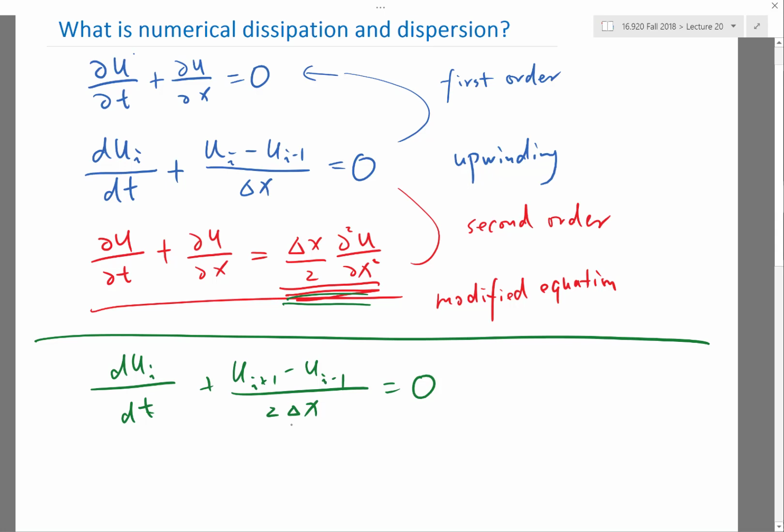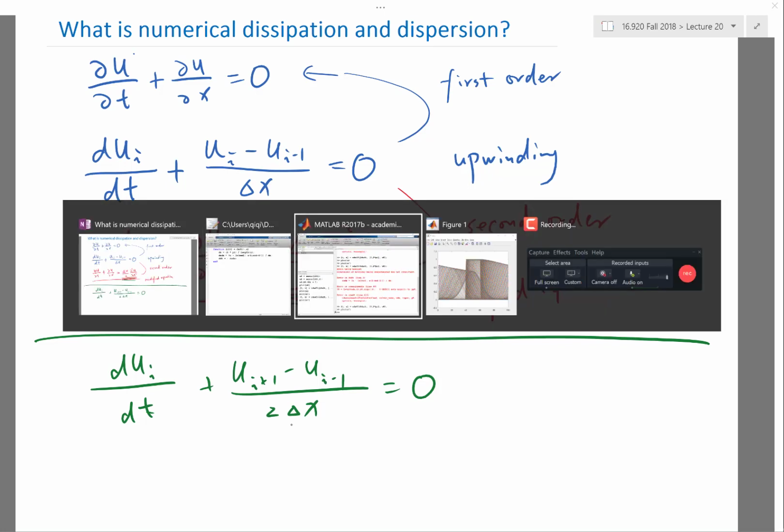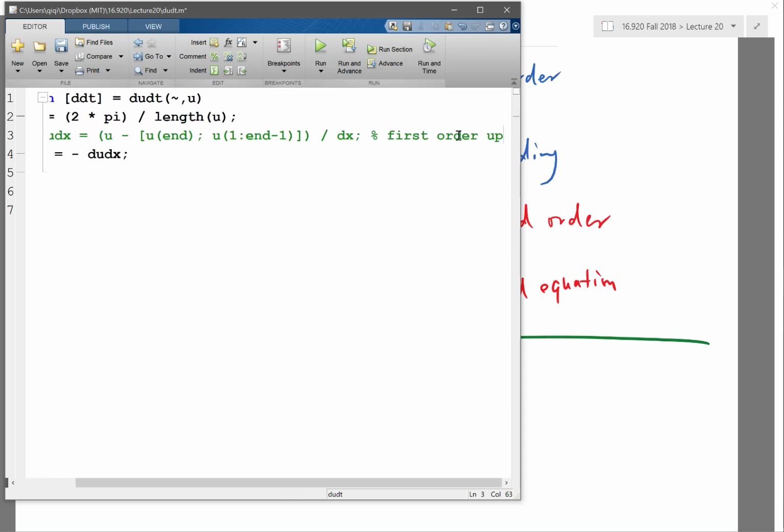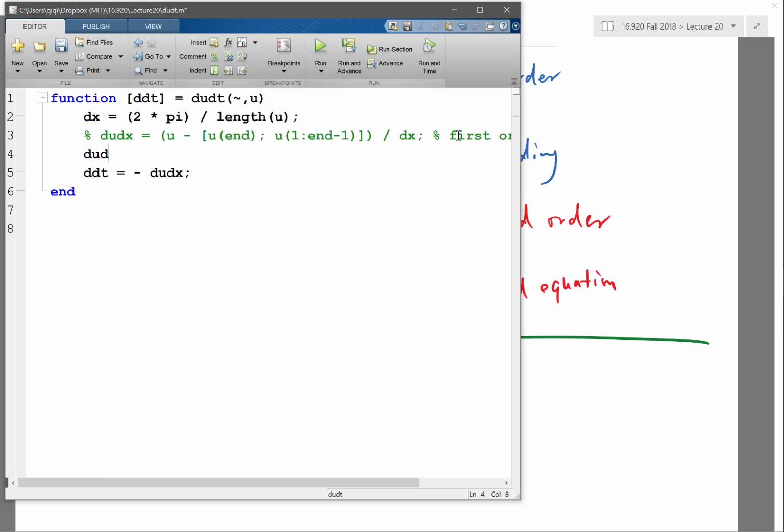So what's the behavior of the central difference? That can actually be easily evaluated by just modifying this line. So this is first order upwind. So let's code up a second order scheme.